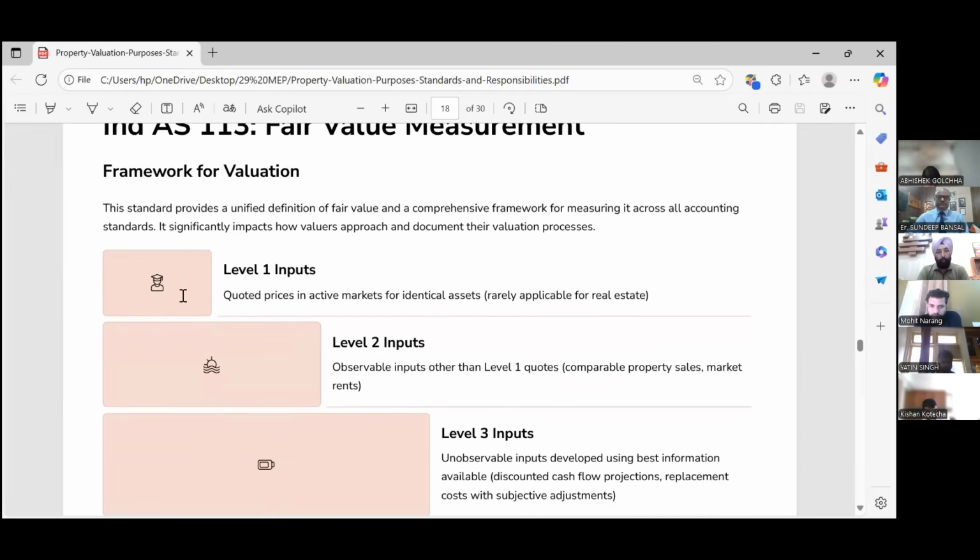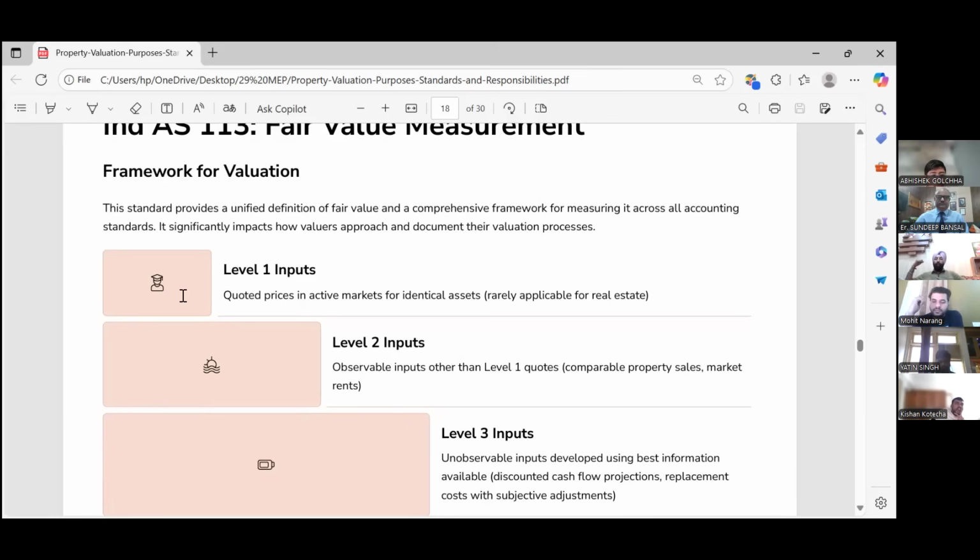Here, the process of valuation is that at level 1, you have to get inputs. Input means quoted prices in active markets for identical assets. These are rarely applicable in real estate, and generally it may be in plant and machinery or other things. Then level 2 inputs are observable inputs other than level 1 quotes, such as comparable property sales, market rents, etc. So there are levels of inputs.